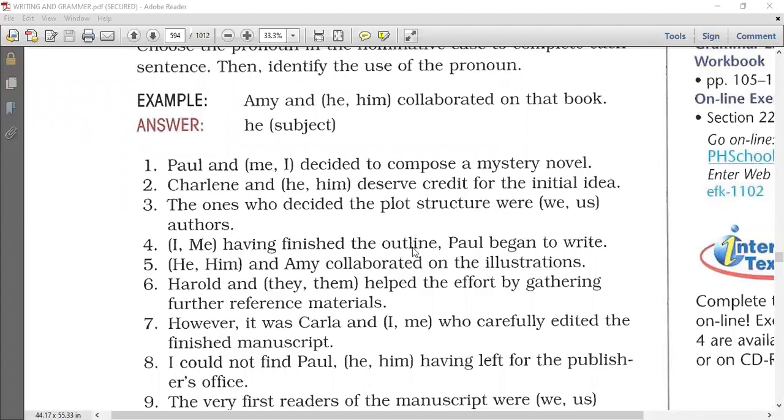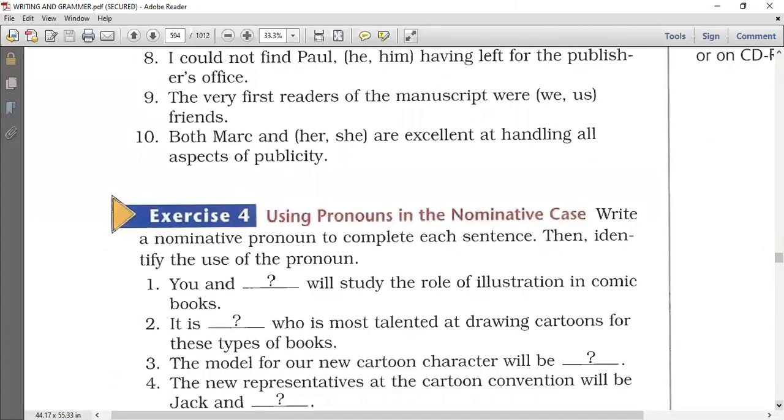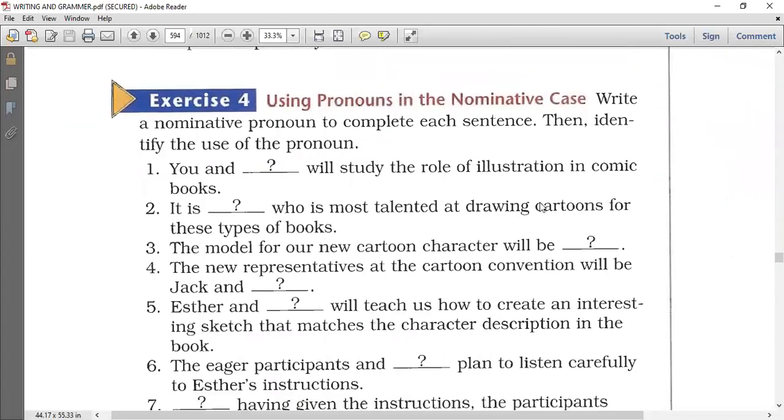So we'll move to the next exercise, exercise 4. Here, using pronouns in the nominative case, write a nominative pronoun. Again and again, those who don't know what nominative here means, nominative here means subject, the pronoun when it is used as the subject. Okay, to complete each sentence, then identify the use of the pronoun.